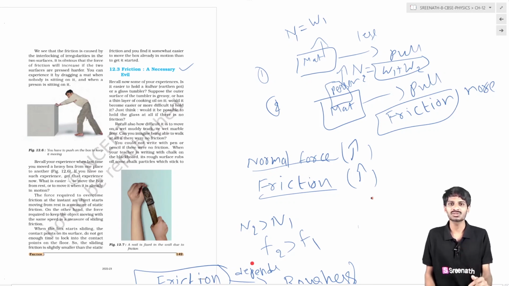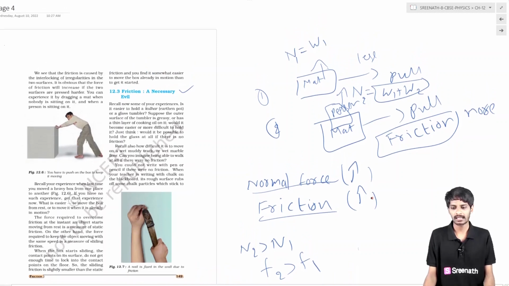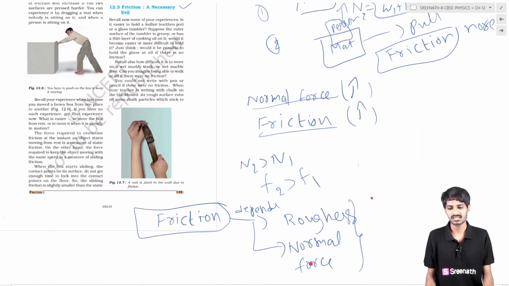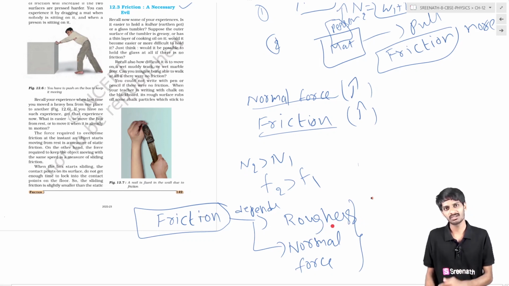So due to the smoothness, friction will reduce. We have studied earlier that friction depends upon roughness and normal force. If roughness is decreased, which means smoothness is increased, friction will be small. So in the rainy season, roads will be wet, roughness will decrease, so friction will decrease.